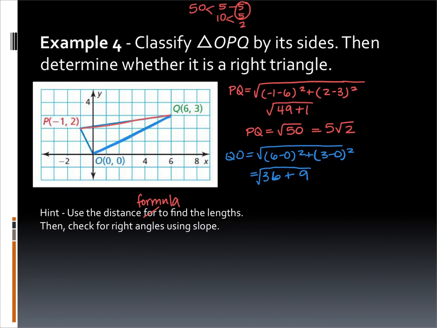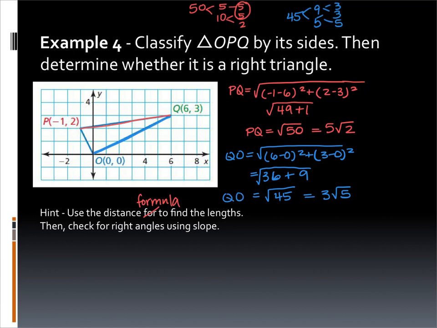So the square root of 36 plus 9. So that's going to be the square root of 45. Okay. And then 45 is going to be 9 times 5, and 9 is 3 times 3. So I have 3 times 3 times 5. So that's going to be 3 root 5 for QO.